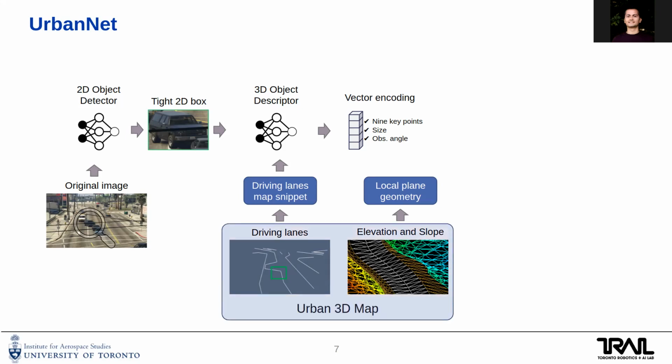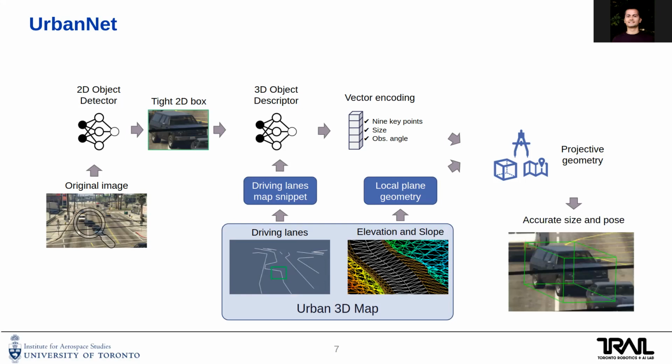The combination of the driving lanes along with the elevation and slope make the urban 3D map. Then, by using projective geometry, we clamp this 3D bounding box onto the road by back projecting the key points into the 3D surface in order to determine the size and pose of each vehicle.